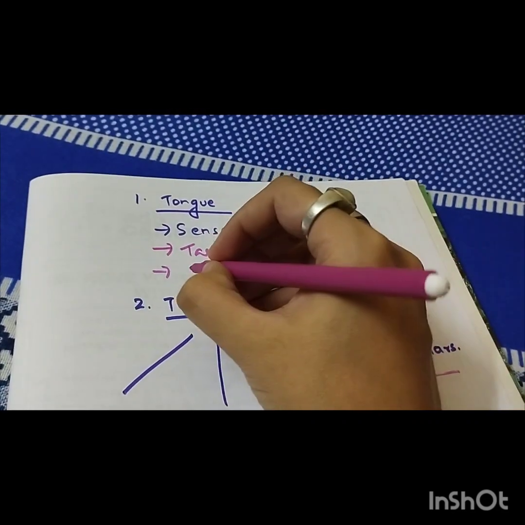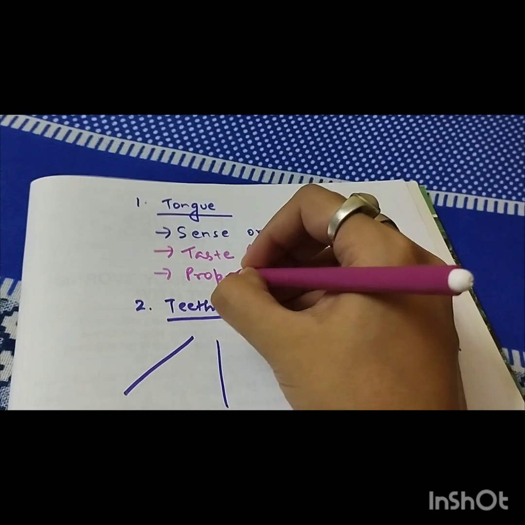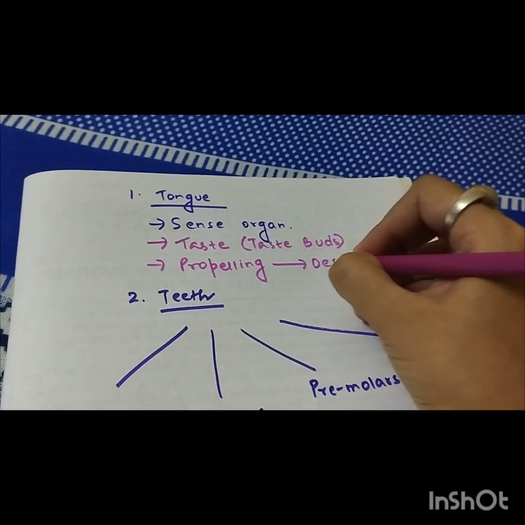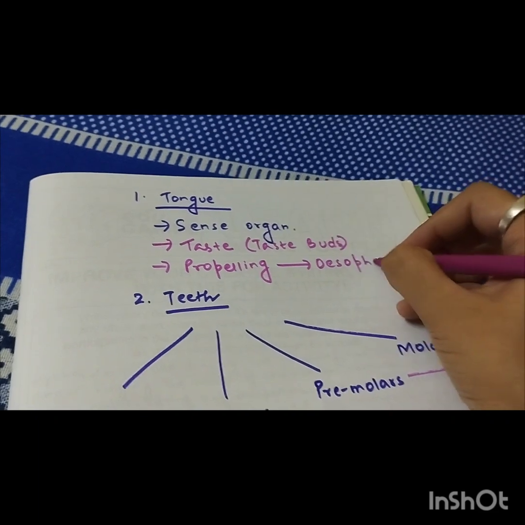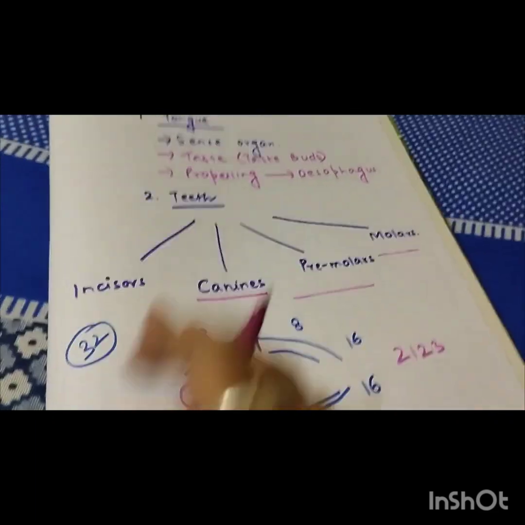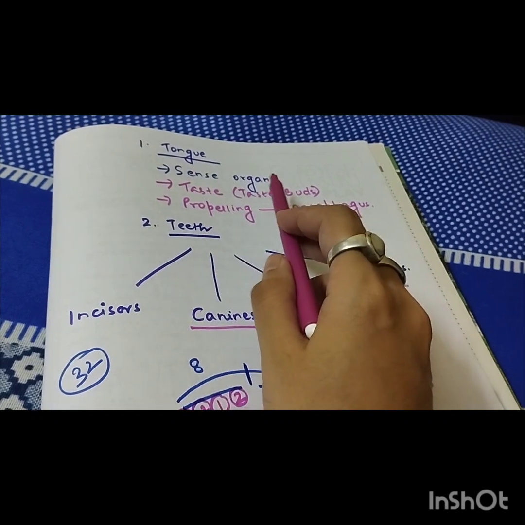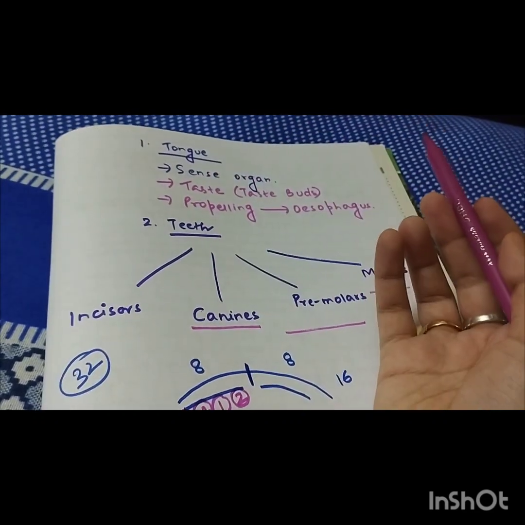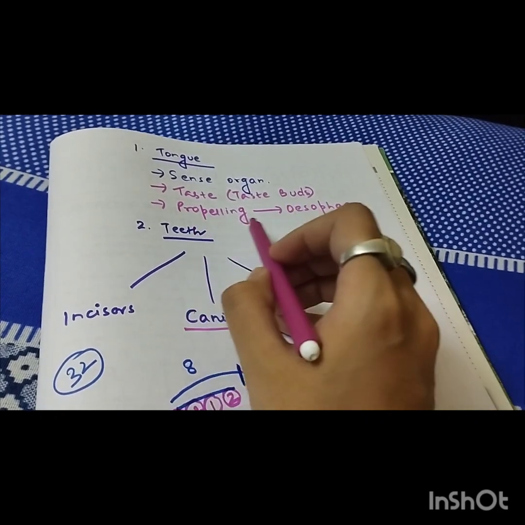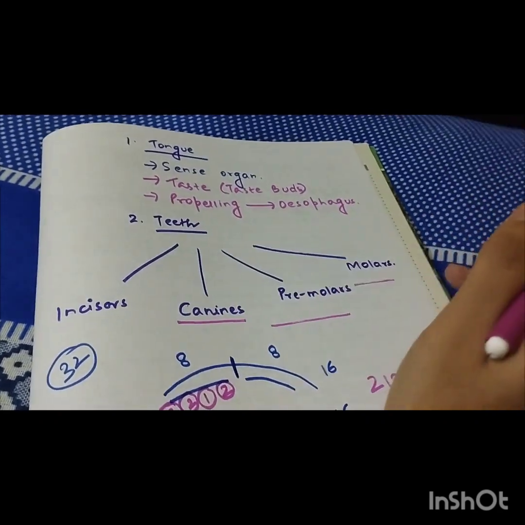It also helps in propelling or directing the food into the esophagus, that is the food pipe. So the tongue helps in the sense of taste because of the presence of taste buds on it, and it helps in propelling the food into the esophagus.